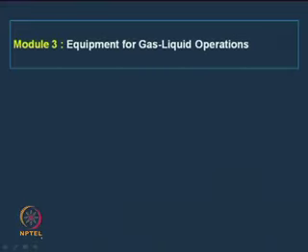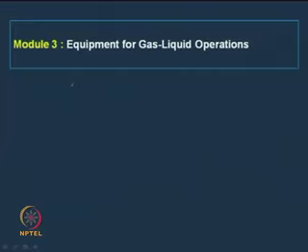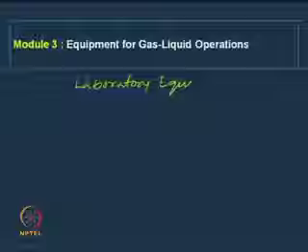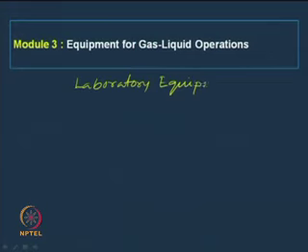In module 3, which is equipment for gas liquid operations, there are two types of equipment. One is laboratory equipment, and the second one is industrial equipment.